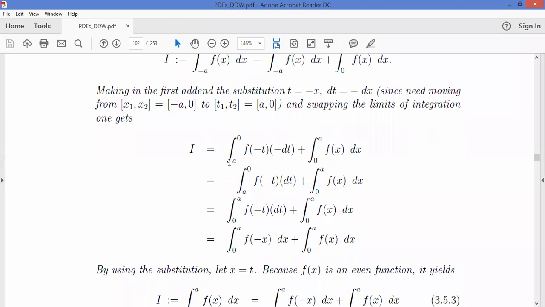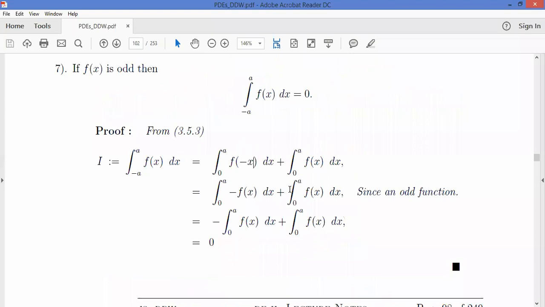This is supposed to be from minus a to 0. But if it is from minus a to 0, you can take the negative out and it simply becomes from a to 0. And that is what we are using here. So this should have been from minus a to a of that function. But remember, there is a negative here. Since we are dealing with an odd function, it is a negative.